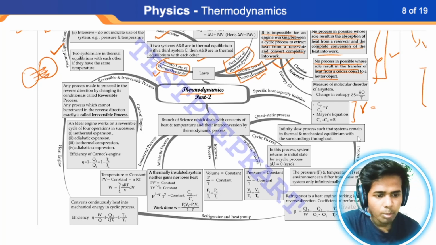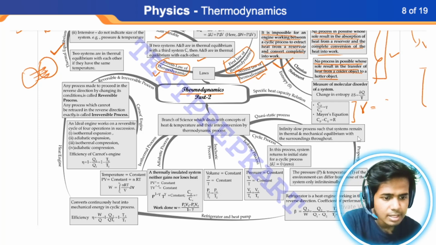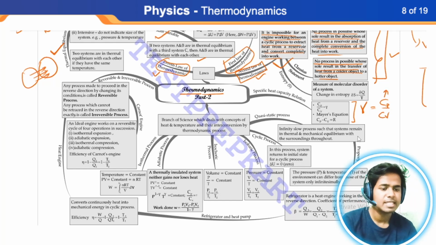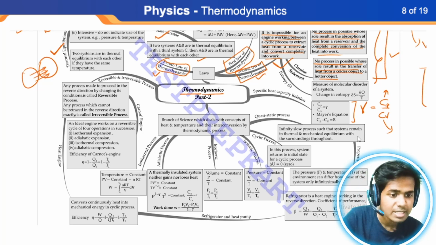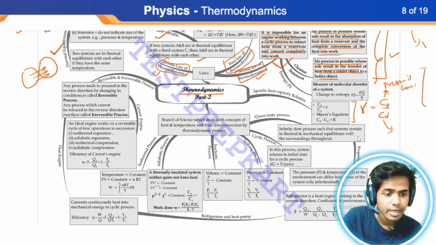So gamma is defined as Cp by Cv. What is Cp here? A specific heat capacity, and Cv is also a specific heat capacity. But what's the difference? Cp is the specific heat capacity of the system when pressure is kept constant, and Cv is the specific heat capacity when volume is constant.